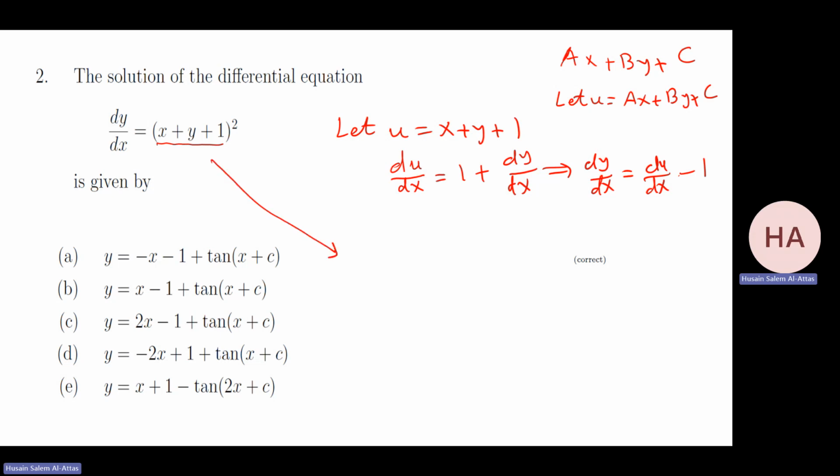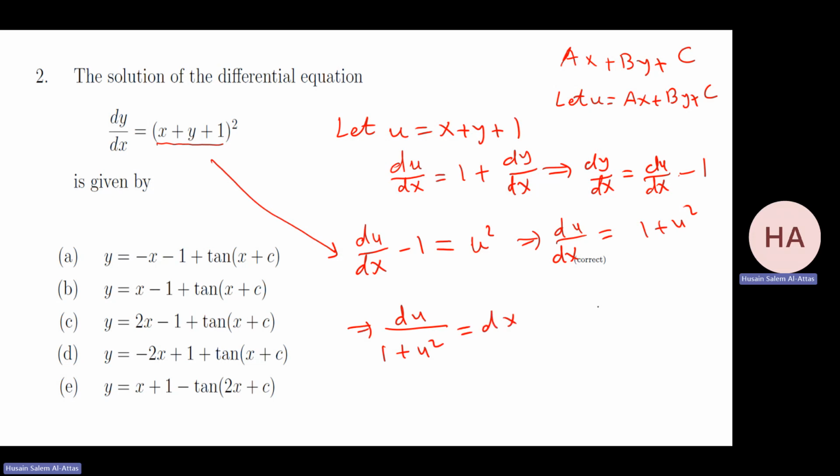Okay, plug everything in this differential equation. So this differential equation becomes du over dx minus 1 equals x plus y plus 1, which is u, that will be u squared. So I have du over dx equal 1 plus u squared. In other words, I have du over 1 plus u squared equal dx. Now this is separable. If you remember how to solve a separable differential equation, we just integrate.